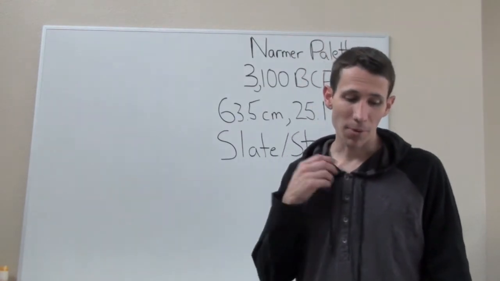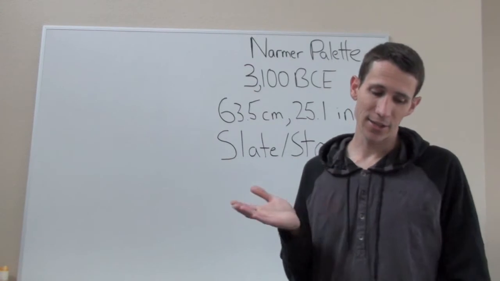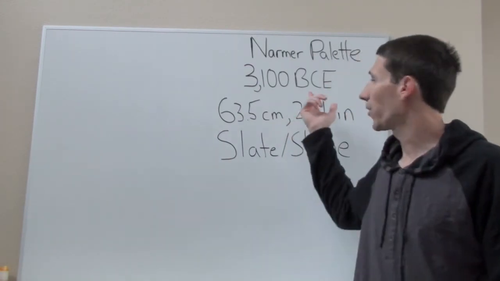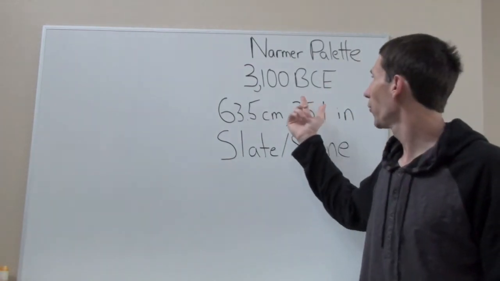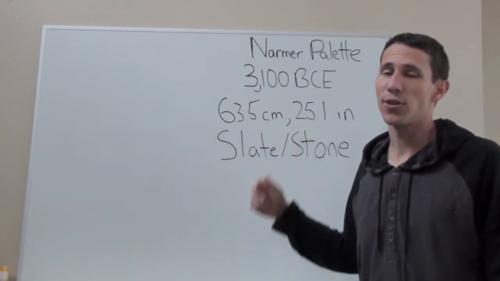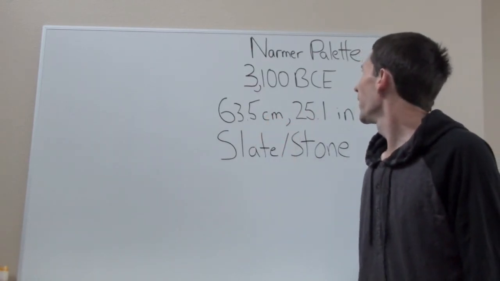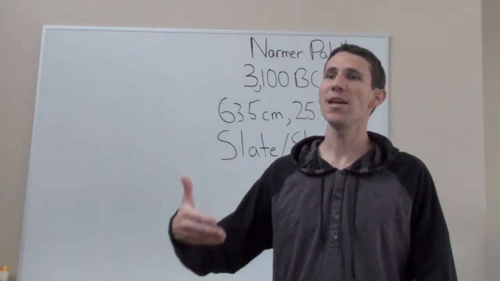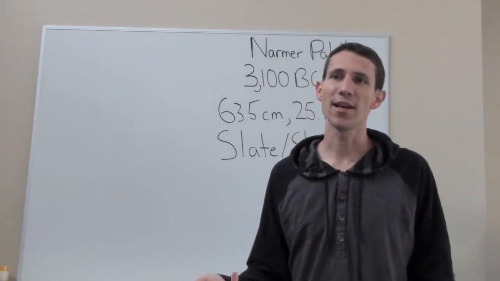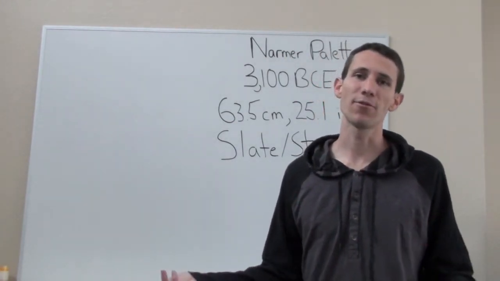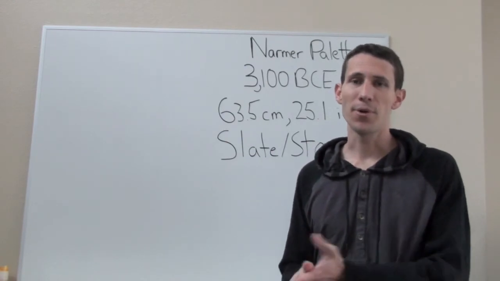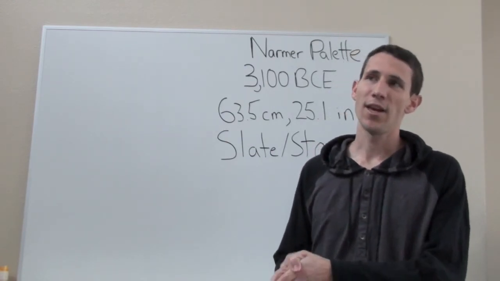So that's the Narmer Palette, and it is one of the first things, as I have up on the board here, 3100 BCE. So going way back. And the next major monument to jump to would have to be, of course, the pyramids in general.